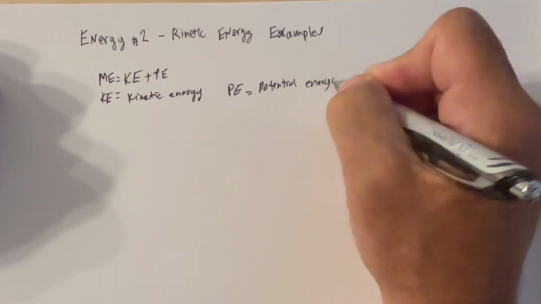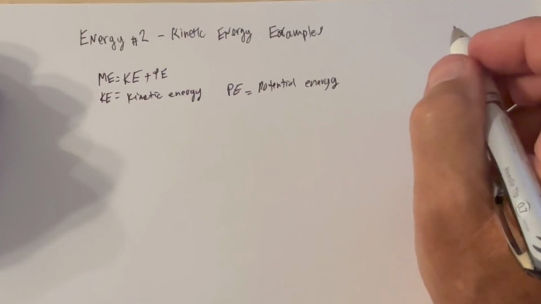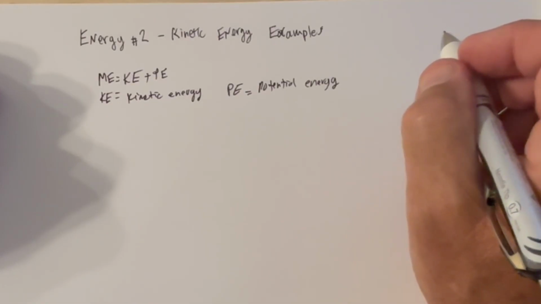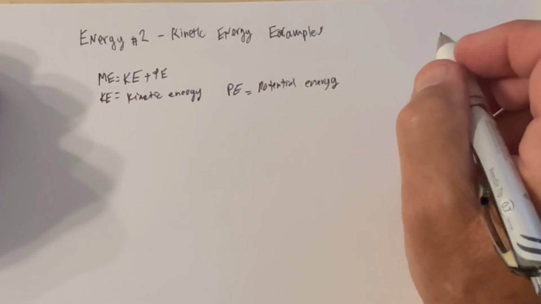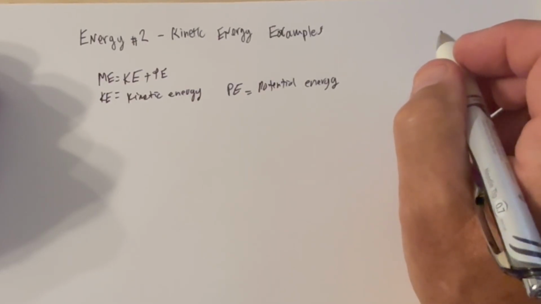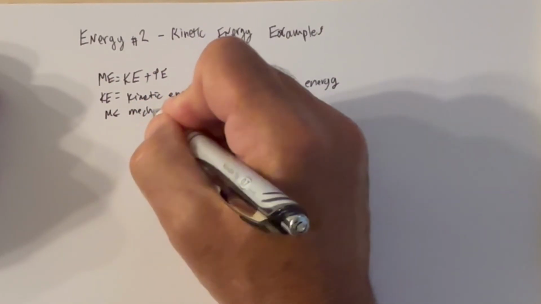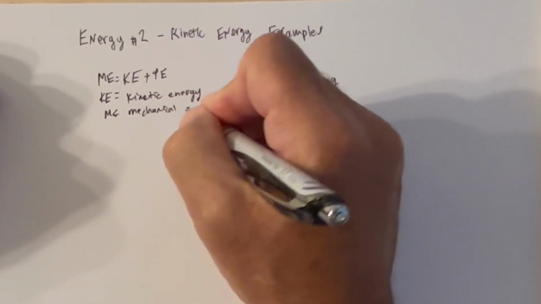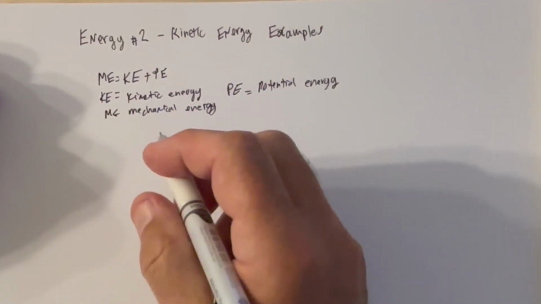We're just confining this to a mechanical system, meaning we're not worried about chemical or electromagnetic or nuclear types of energy. So it's got to do with an object moving basically on the face of the earth. And ME is going to be our mechanical energy. So that's the subset we're looking at here.